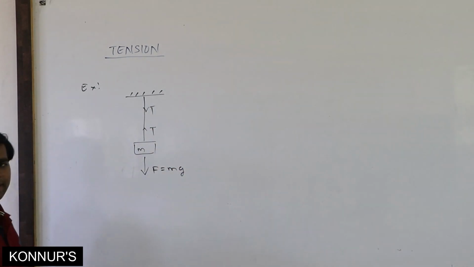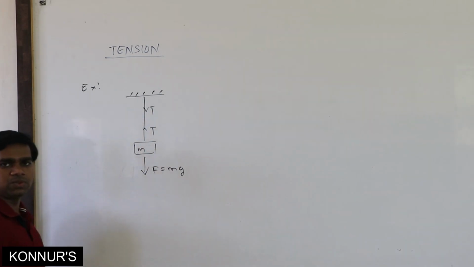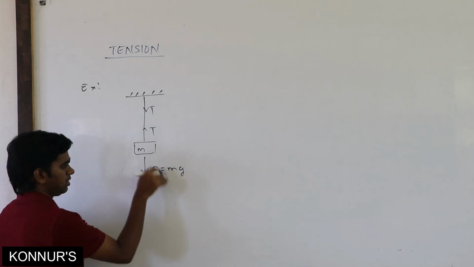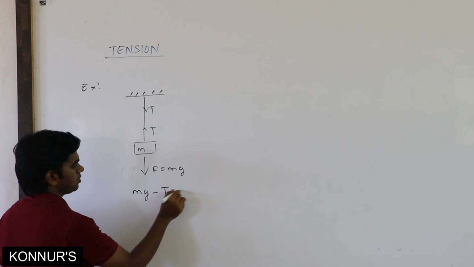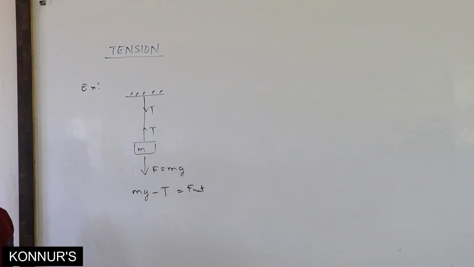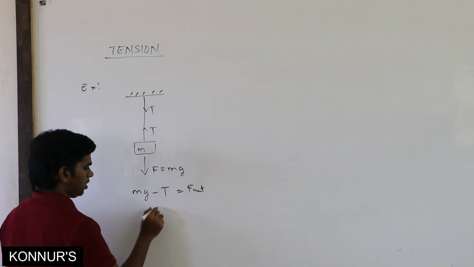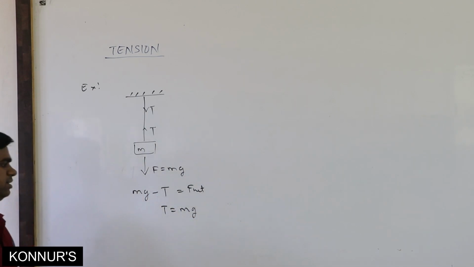Now, since it is not moving because the string is also inextensible, what can you write? Net force: downward force is mg, upward force is T. If it is not moving, F net becomes 0 because acceleration is 0. So you can write T equals mg. You will get the tension.